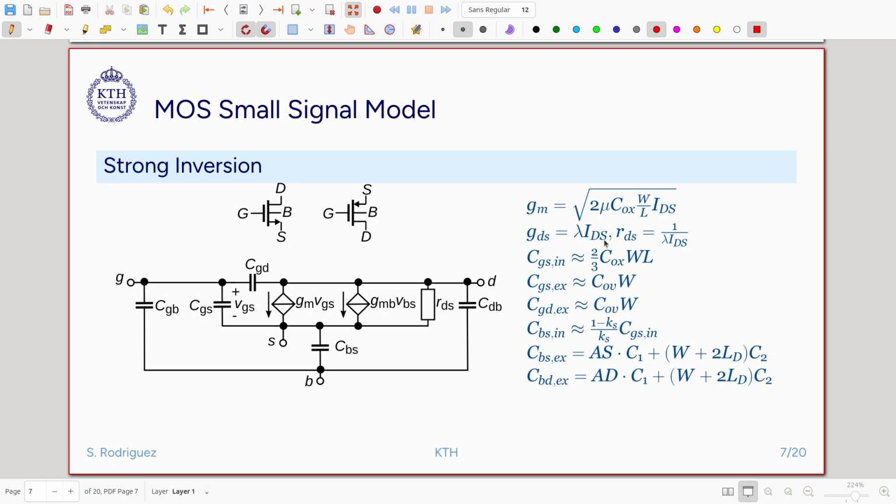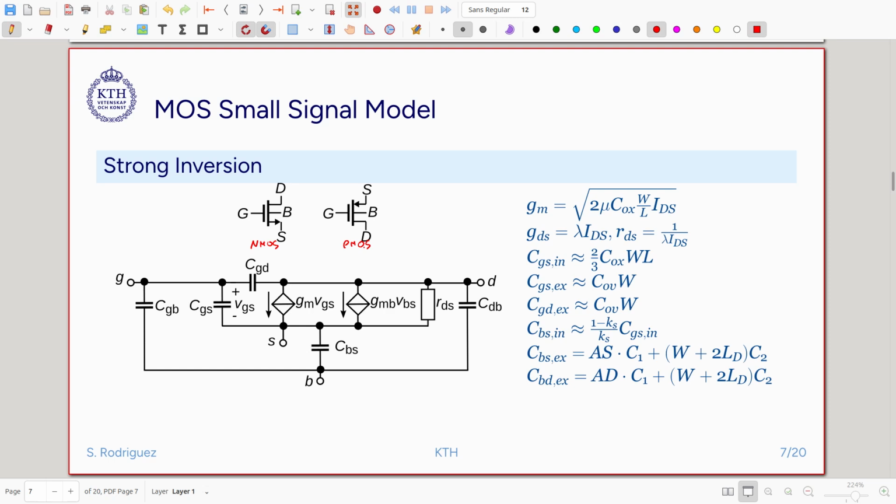For strong inversion, we can extract a small signal model for this controlled current source, and it will take the following parameters. And then we have two kinds of transistors: the NMOS transistor here, and the PMOS transistor here. The model is valid for both transistors.